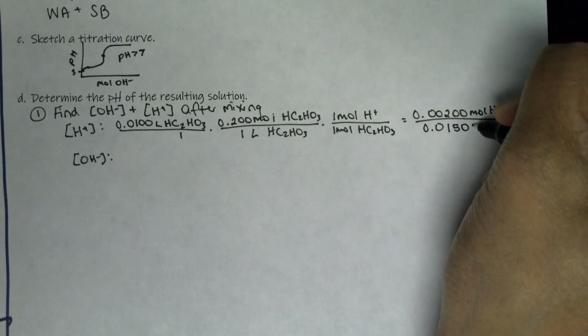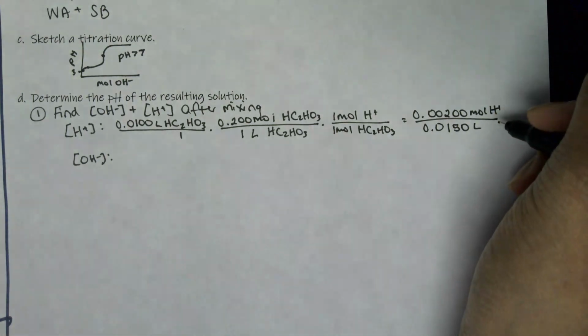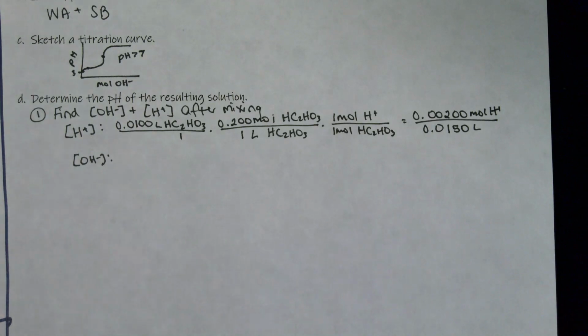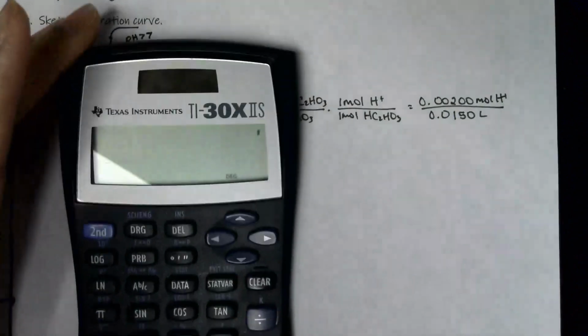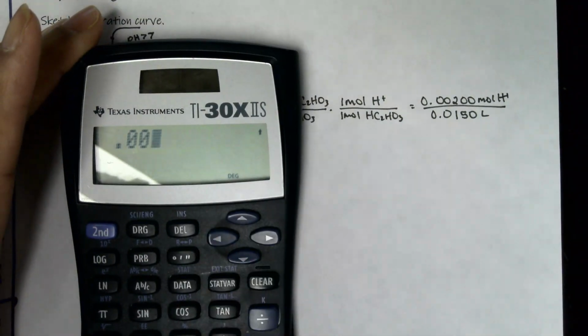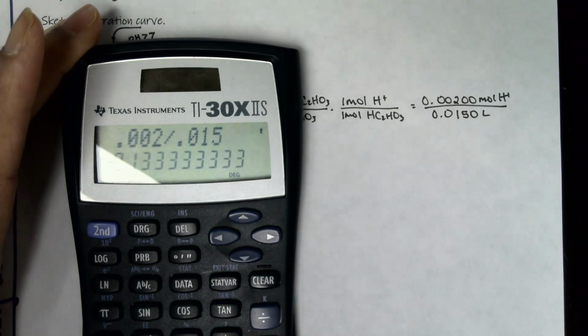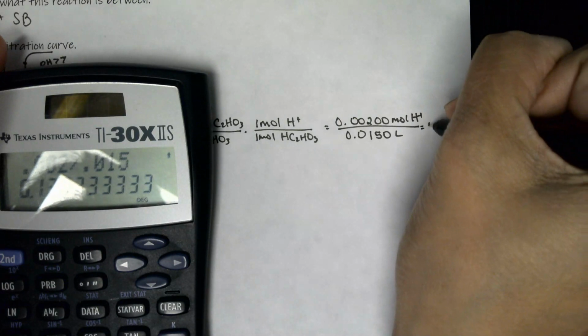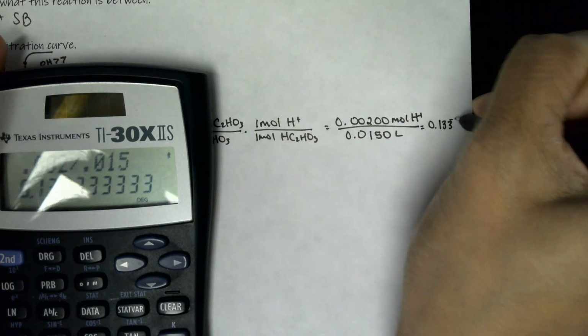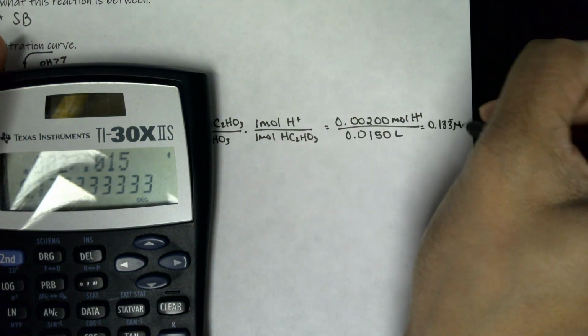I am not going to do mental math here: 0.002 divided by 0.015 gives 0.133 repeating, and that's your molarity of H plus.